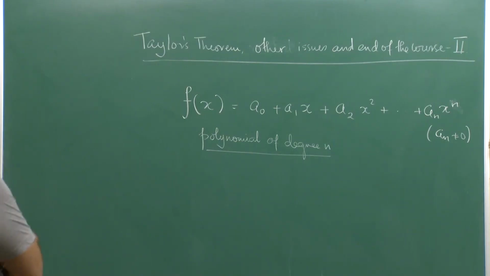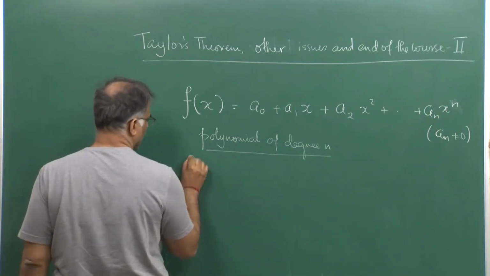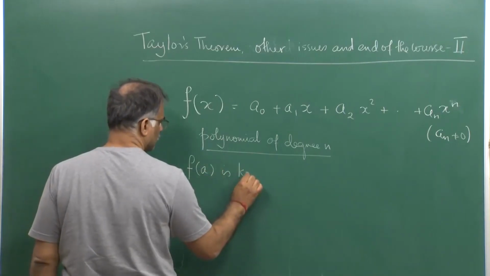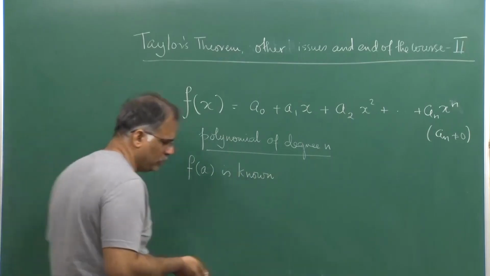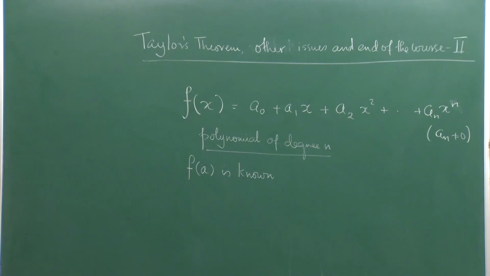Now, suppose I know the function value at a, f(a) is known to me. Or f(x) is known to me, some x, does not matter. Then what is f(a plus h)? That is the question. If I know a, then what is f(a plus h)?